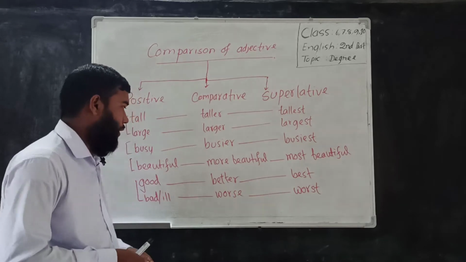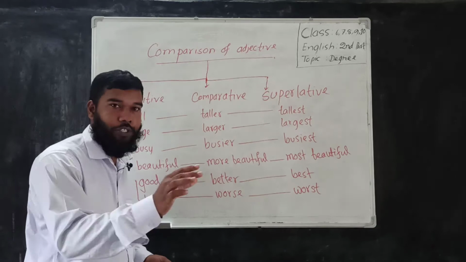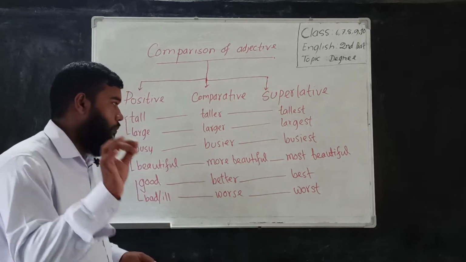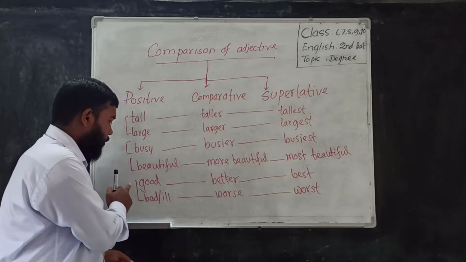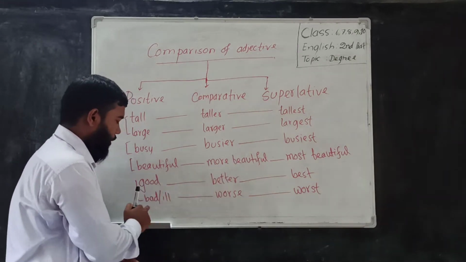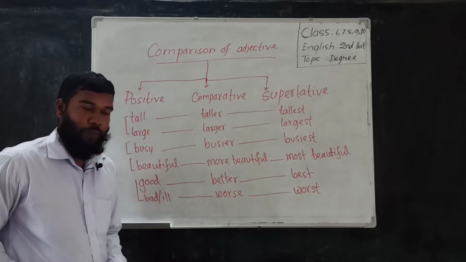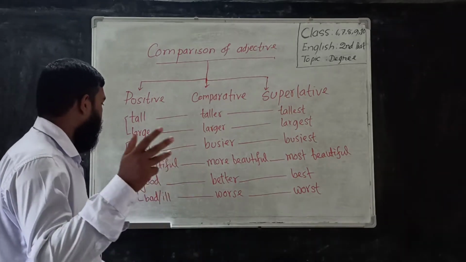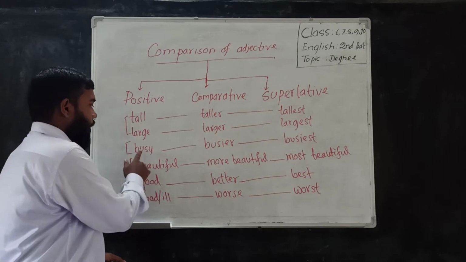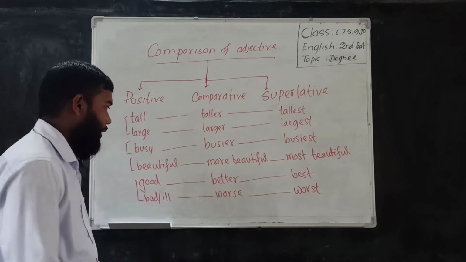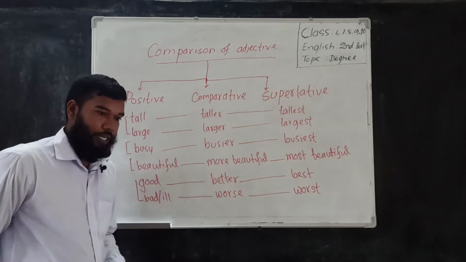Another word I am telling you: handsome, more handsome, most handsome, useful, more useful, most useful. And last and final step: good, better, best, bad, ill, worse, worst. These are exceptional ones. That's why here I have written 4 types of words: normal words, words with y, comparatively large words, and exceptional words.